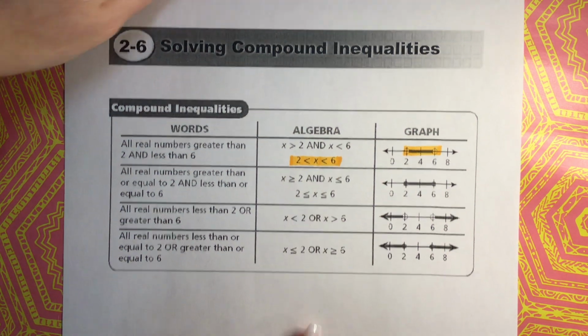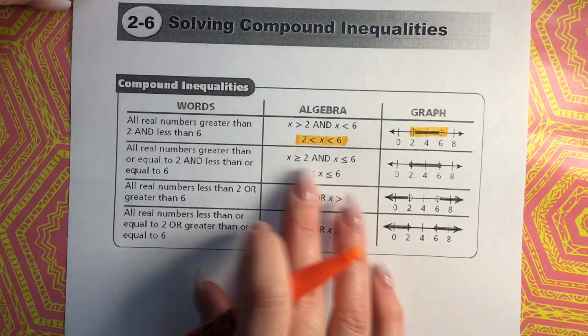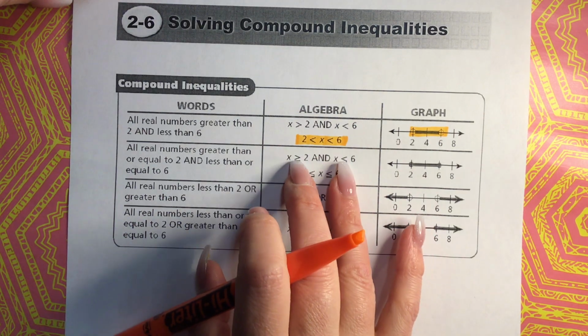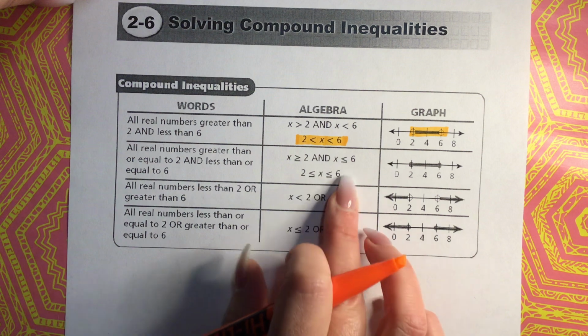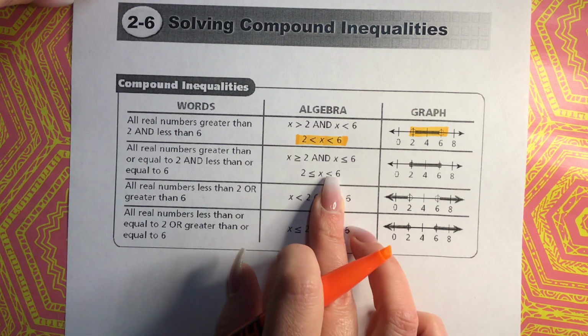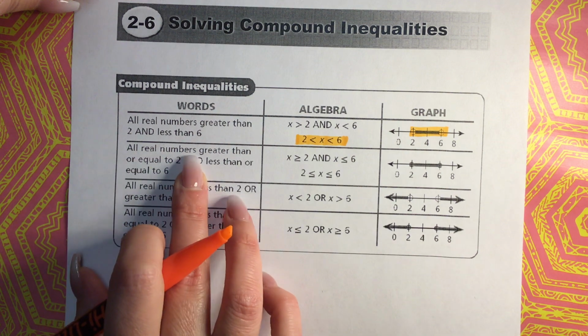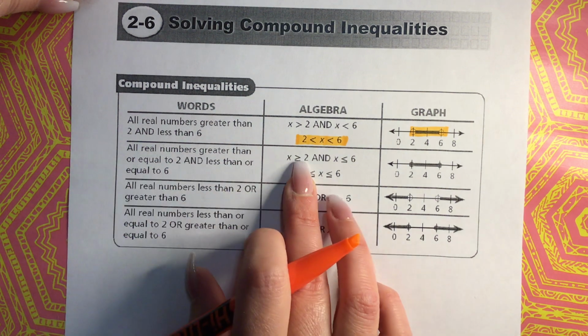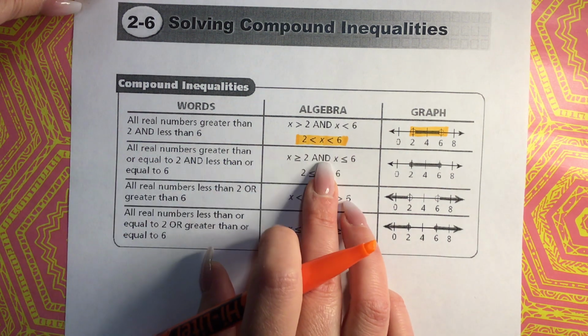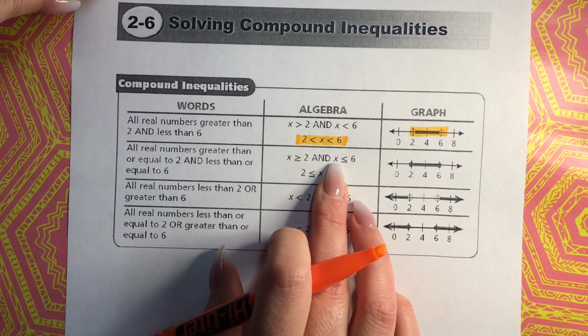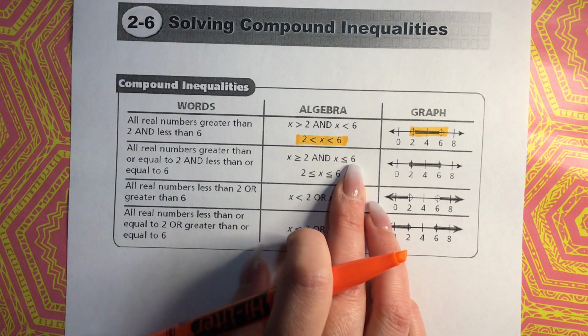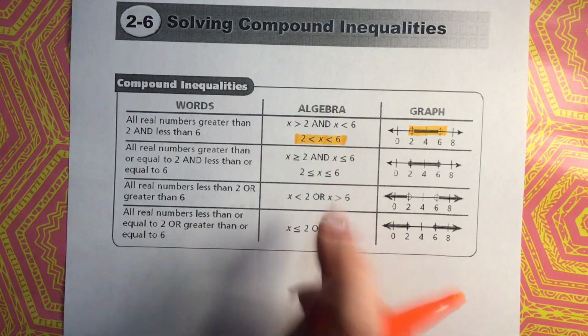Now let's look at a different one. Here, it's pretty much the same thing. We have 2 inequalities that combine into 1 compound inequality. So we have the solutions, all real numbers greater than or equal to 2 and less than or equal to 6. That's how you write that. It's the same thing.